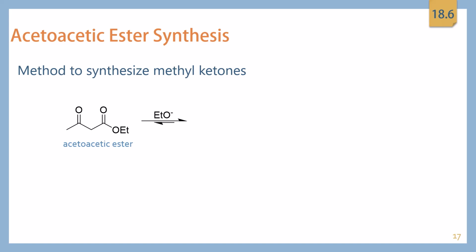So if we add in ethoxide, ethoxide again is a weaker base, but the pKa of this hydrogen is probably around 10 or so. So ethoxide is going to be able to pull it off very easily to get the enolate.